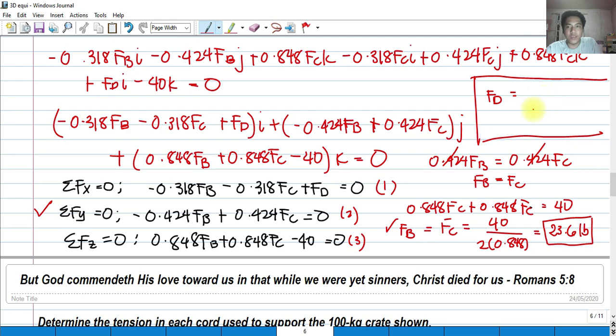F sub D would be equal to 15 pounds. So that's the tension in F sub B, F sub C, and F sub D.